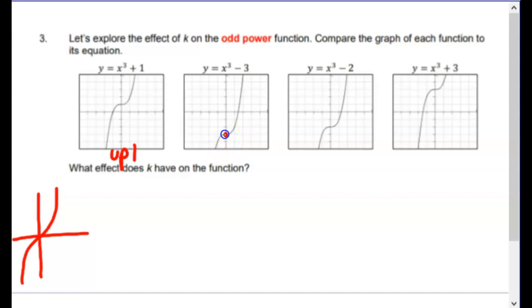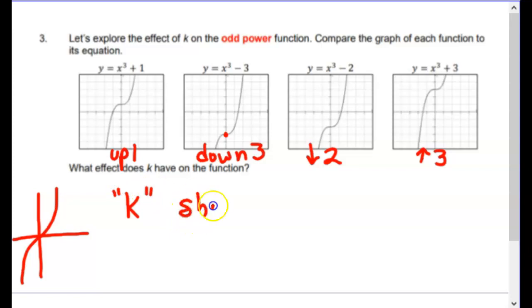This one shifted it down 3, down 2, and up 3. Okay, so what is that called? Does anybody know what that K value on the back does? Yeah, vertical translation. Shifts up or down.